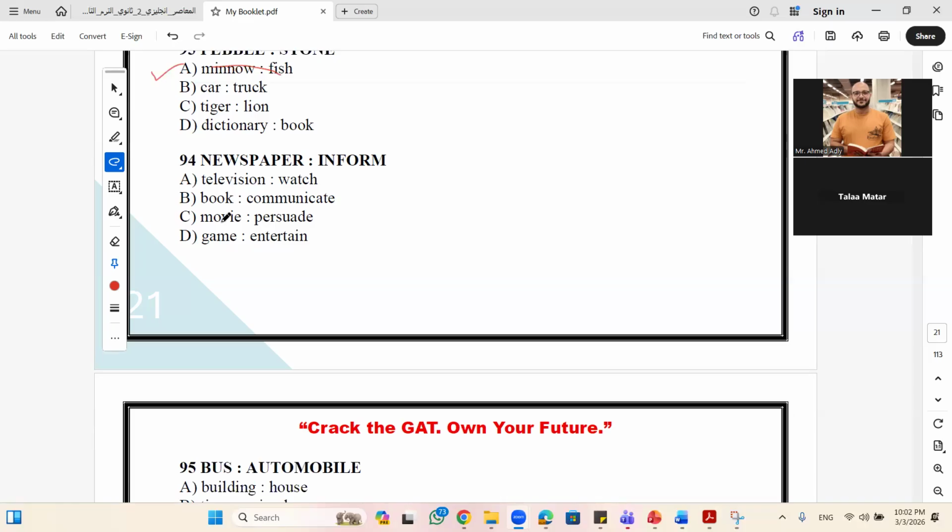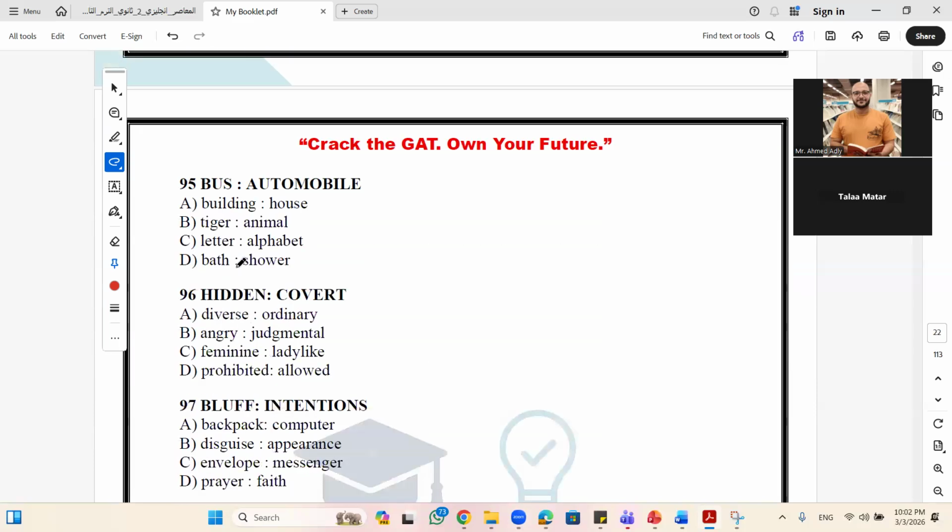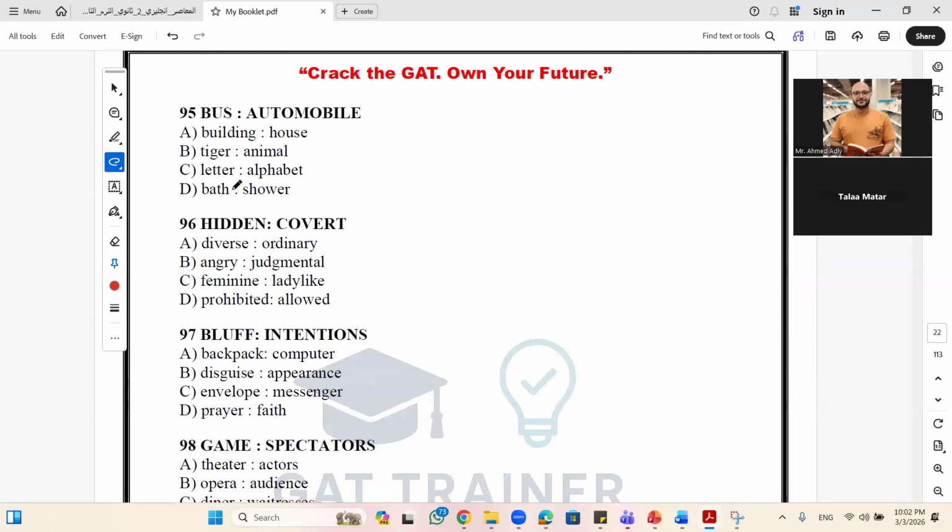Game and entertain. So game, and this is the purpose. Perfect. All right. Bus and automobile.